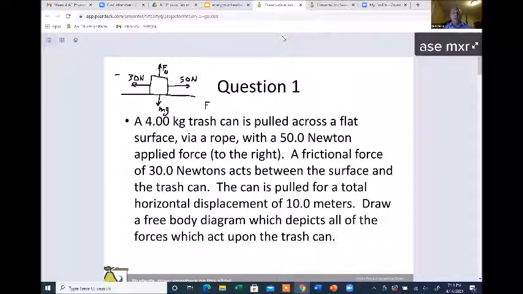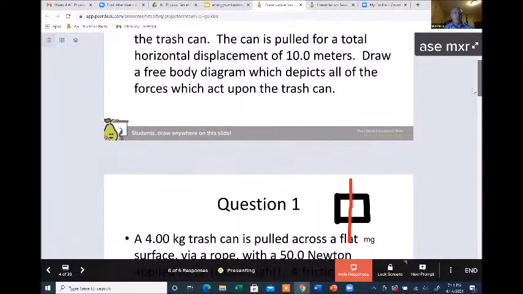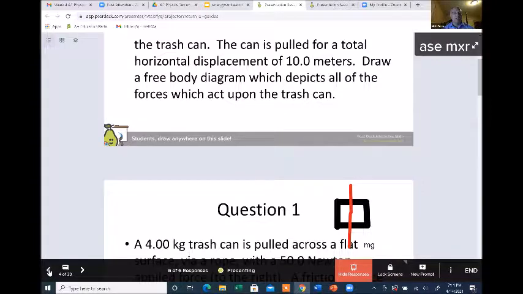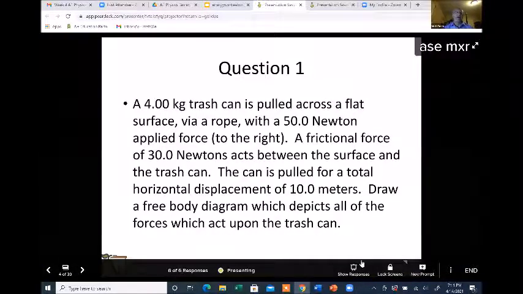What we're doing right now is everyone is answering this question. Let me go back so that you who just joined can see it. We're drawing a free body diagram for this specific problem.